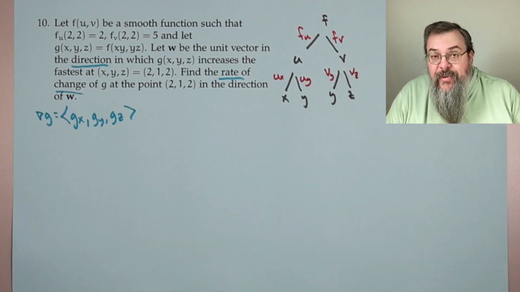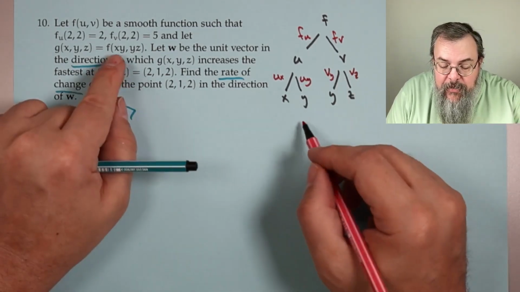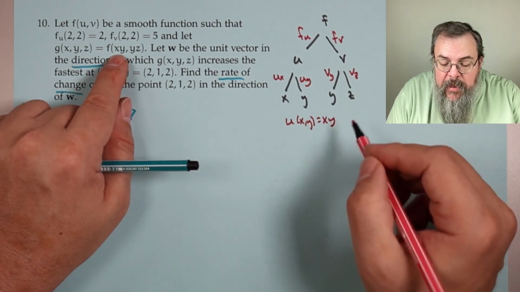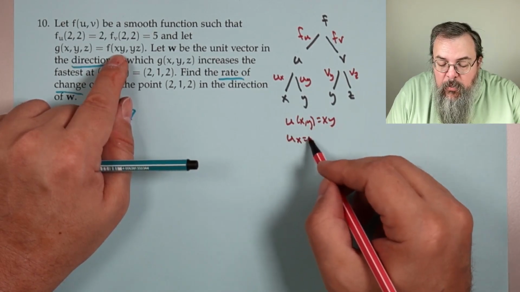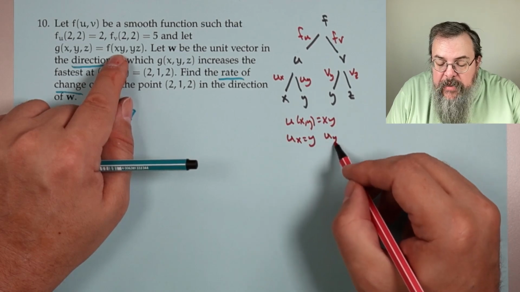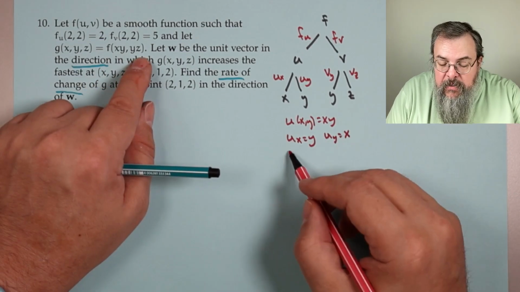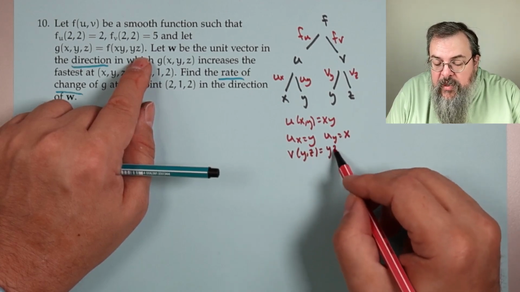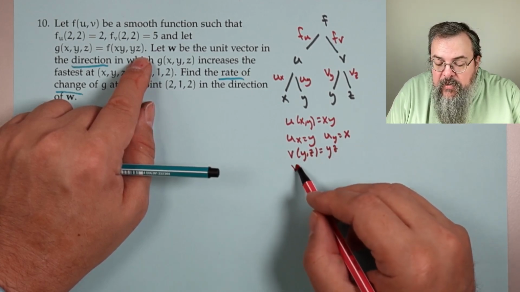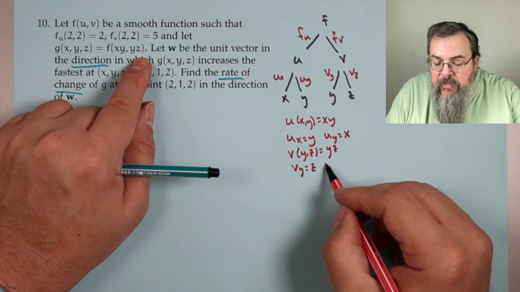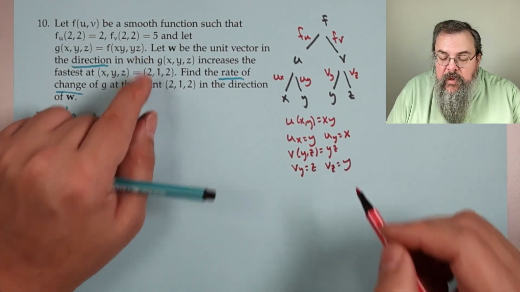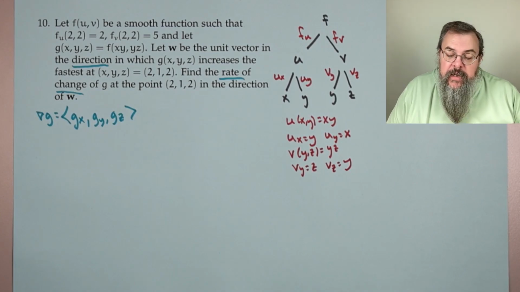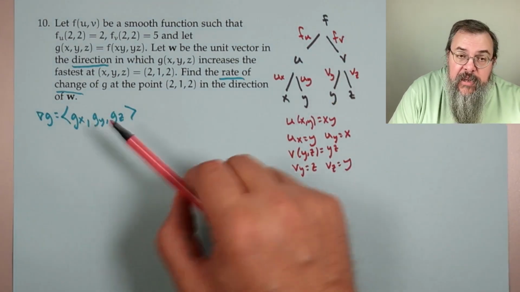More explicitly, u of x y is x times y, so u sub x is y and u sub y is x. v of y z is y times z, so v sub y is z and v sub z is y. So we've got all this lovely information. Let's use this to update that.